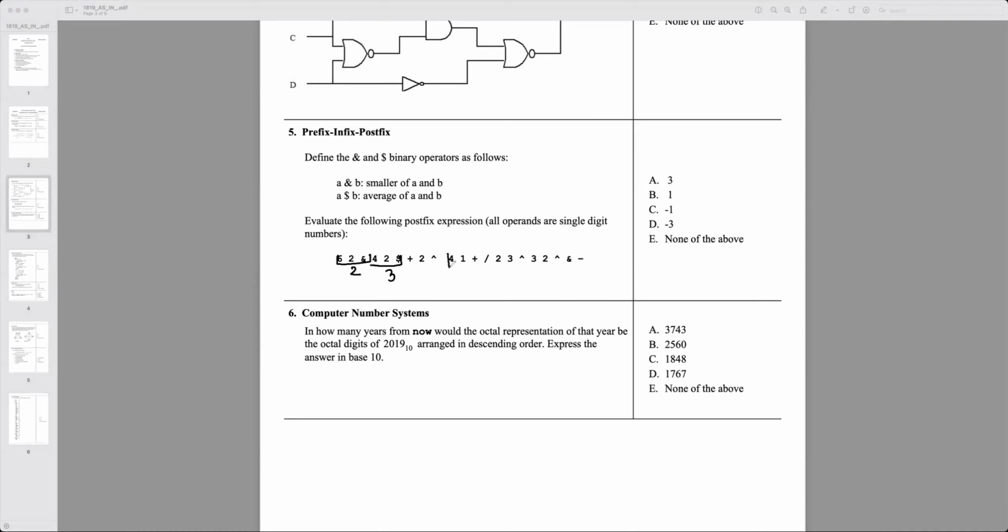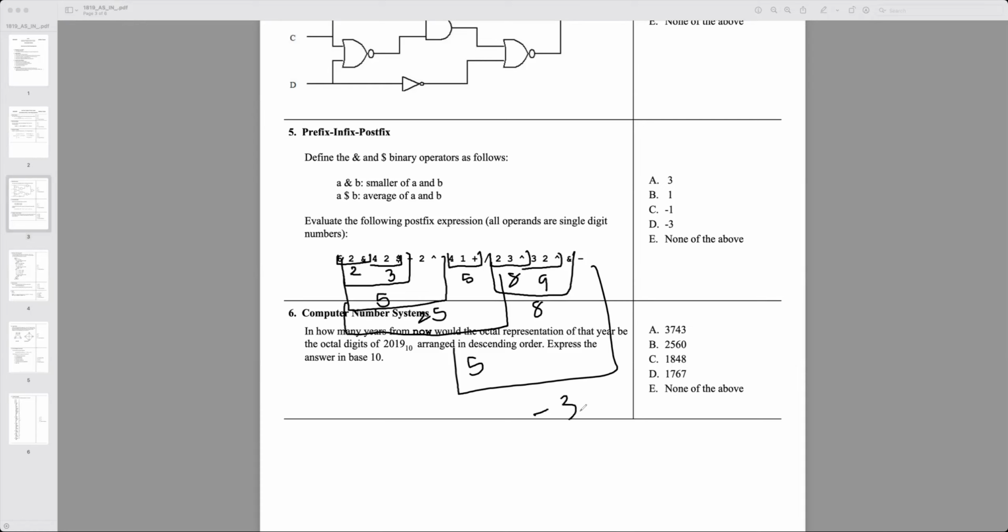That's going to be 3. 4 plus 1 is 5. 2 to the third power is 8. 3 to the second power is 9. We add that. That's 5. No. That's going to be 8. It's 25. Nope. That's 5. 5 minus 8 is -3. And your answer is going to be -3.